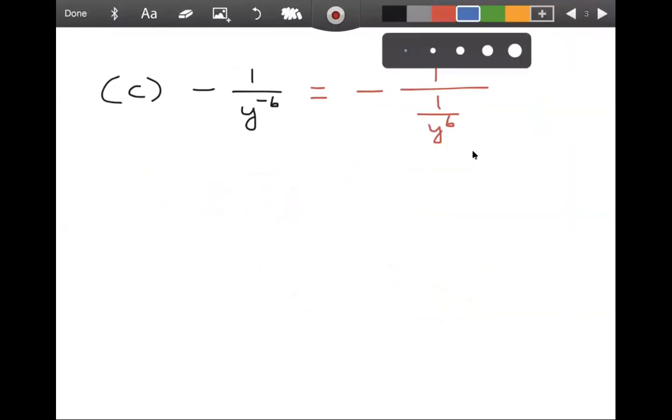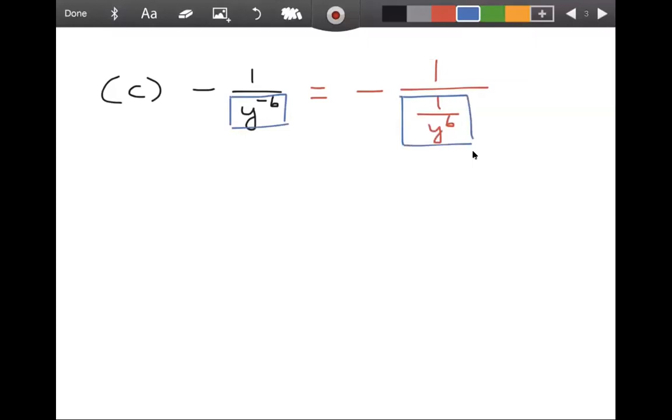Just changed this into this. Nothing else in the expression changes. So we're dividing by 1 over y to the 6th, which is the same thing as multiplying by y to the 6th over 1. And my final answer would be -y to the 6th.